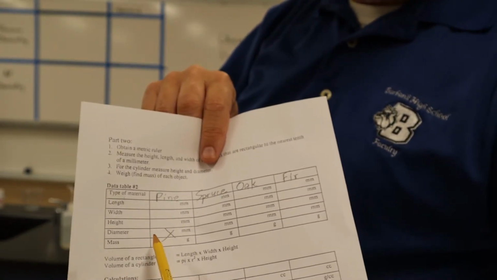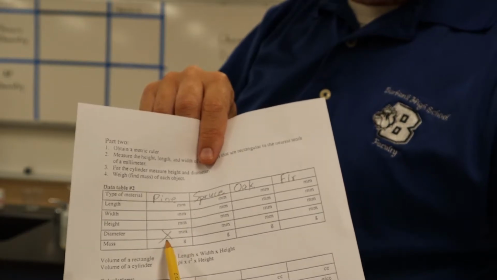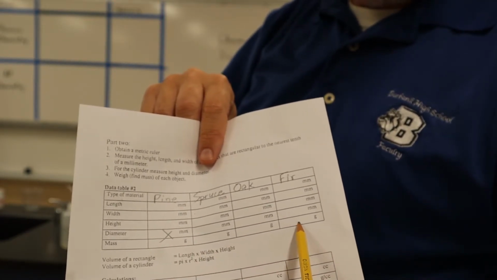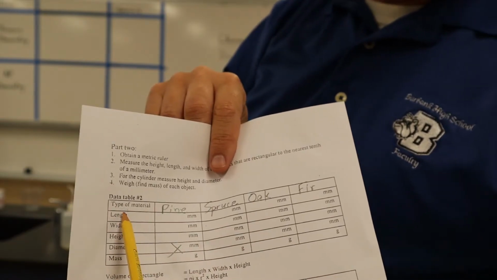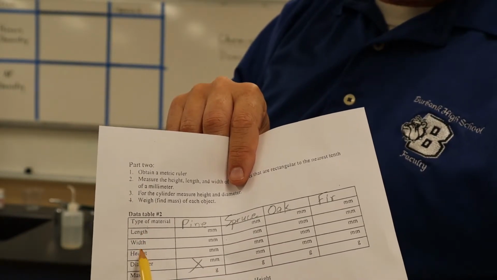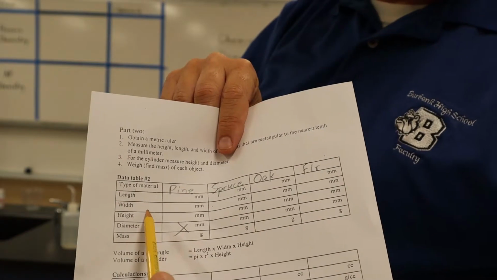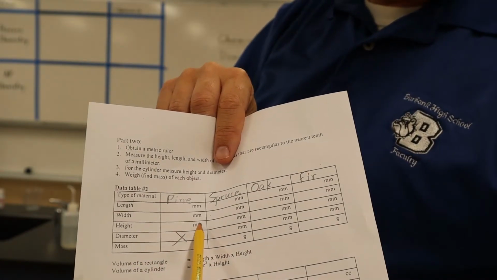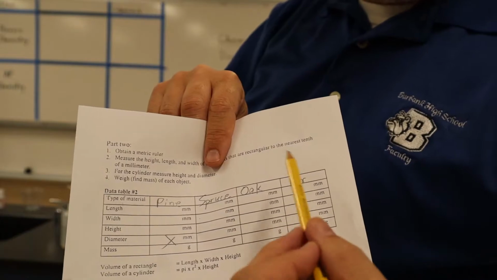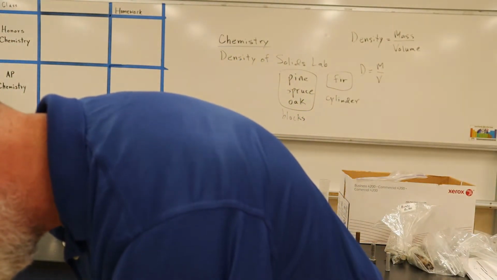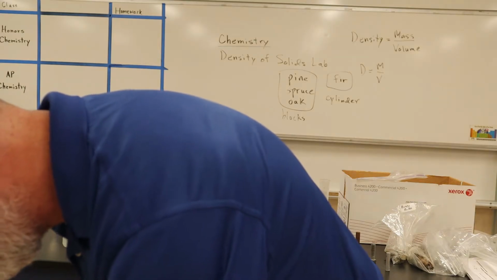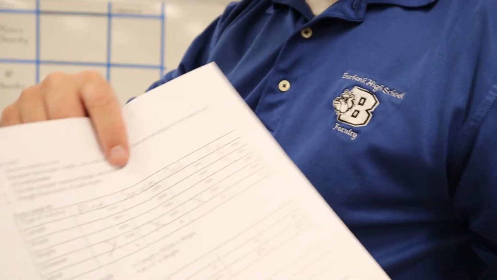Now with all 4 woods, we're going to weigh them. And with the pine, the spruce, and the oak, we're going to measure the length, the width, and the height in millimeters. Fir is a cylinder, so we don't need the length and the width.